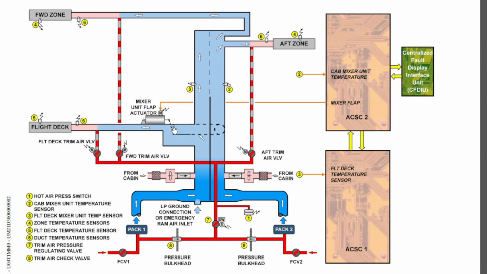If we have a look at these temperature sensors, number 5, number 4, and here number 4. Number 5 is the flight deck temperature sensor, and 4 is the zone temperature sensors. Here is another zone temperature sensor.